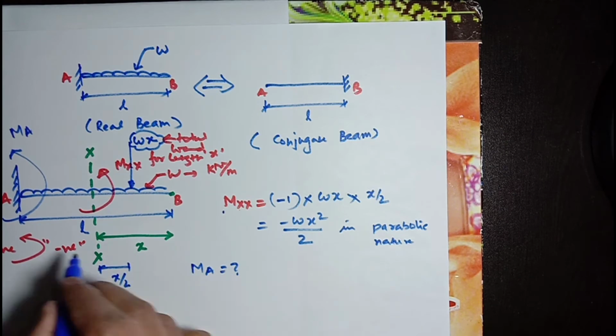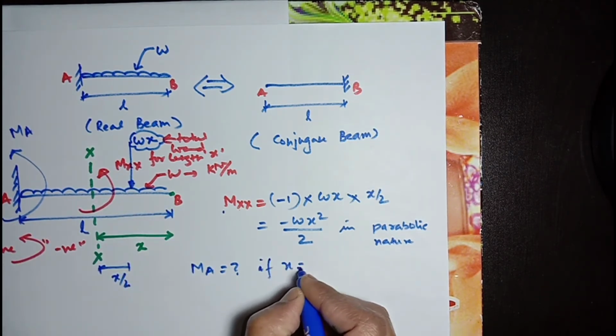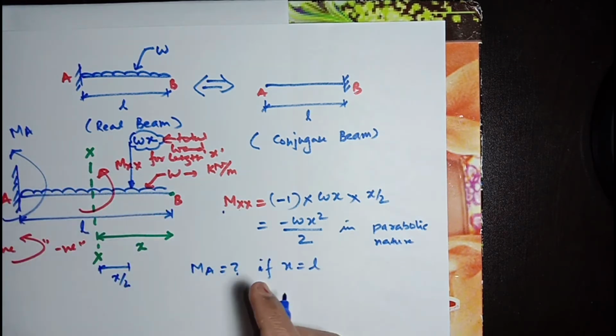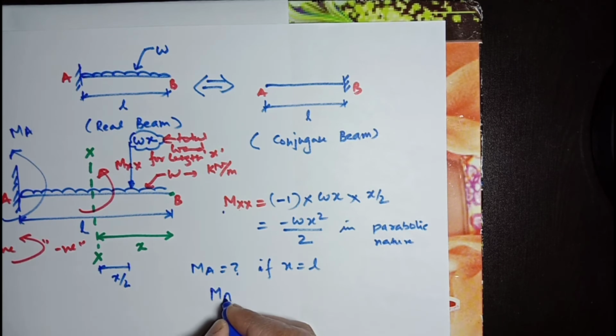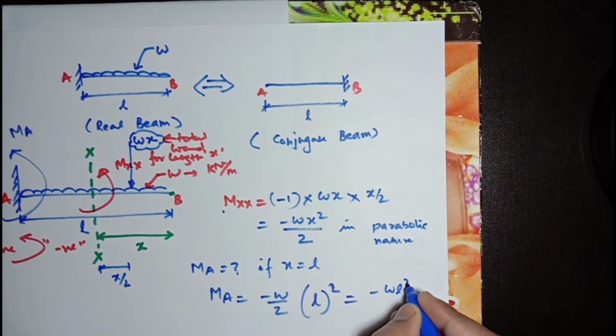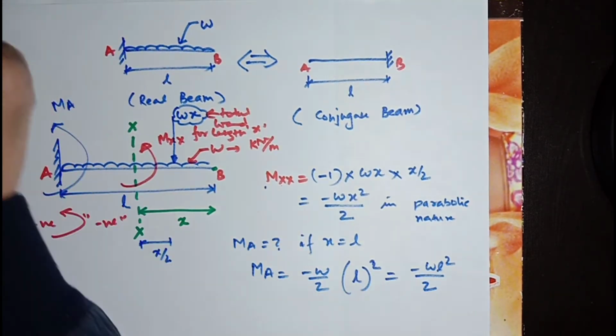In place of x, if we put x equal to L, it means at a length of L from this point B, bending moment MA will be minus W by 2. In place of x, we put value L, it will be square of this L, minus WL square by 2 will be bending moment at point A. At support, bending moment will be WL square by 2.